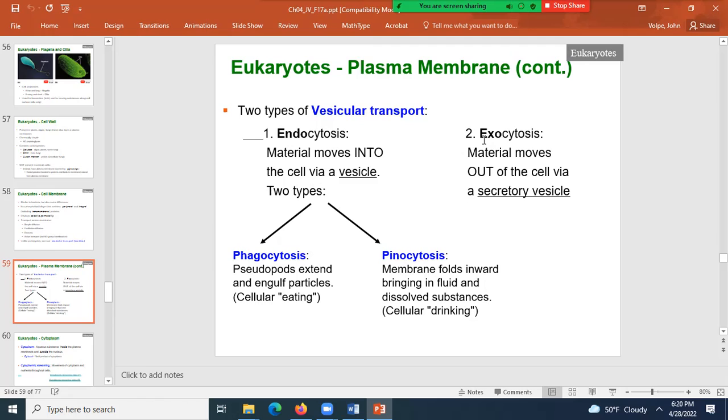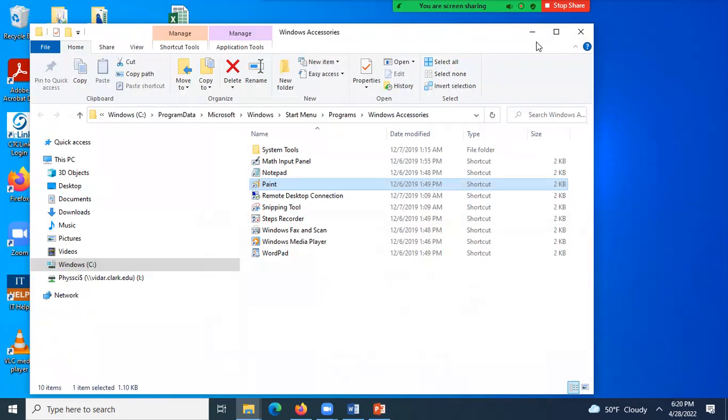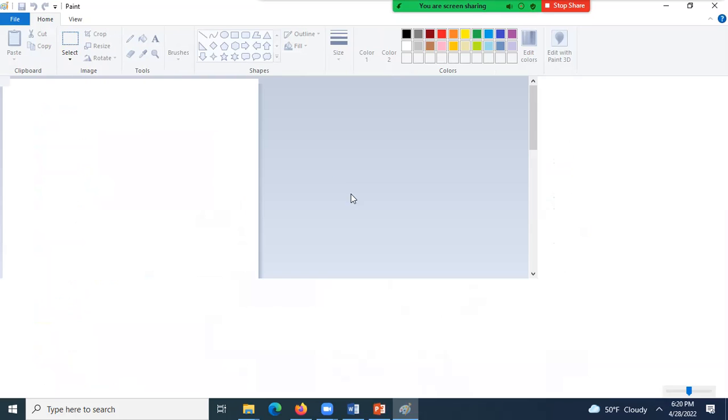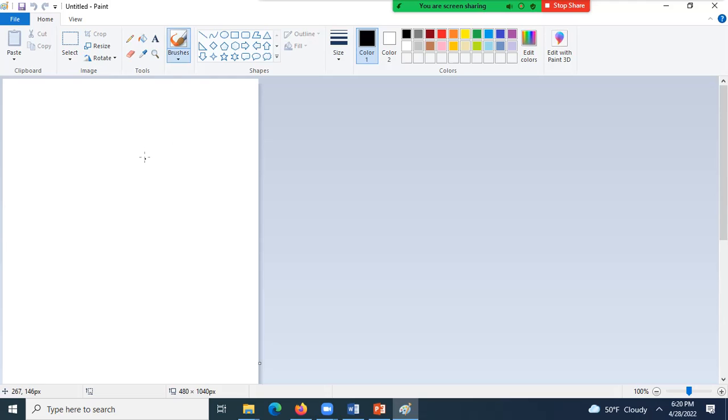That's different from exocytosis, where material moves out of the cell via a secretory vesicle. Here we have a cell, and we can make our material inside a vesicle. This vesicle can then move up to the cell membrane. And then the membrane of the vesicle can fuse with the cell membrane, and then the two will be together.